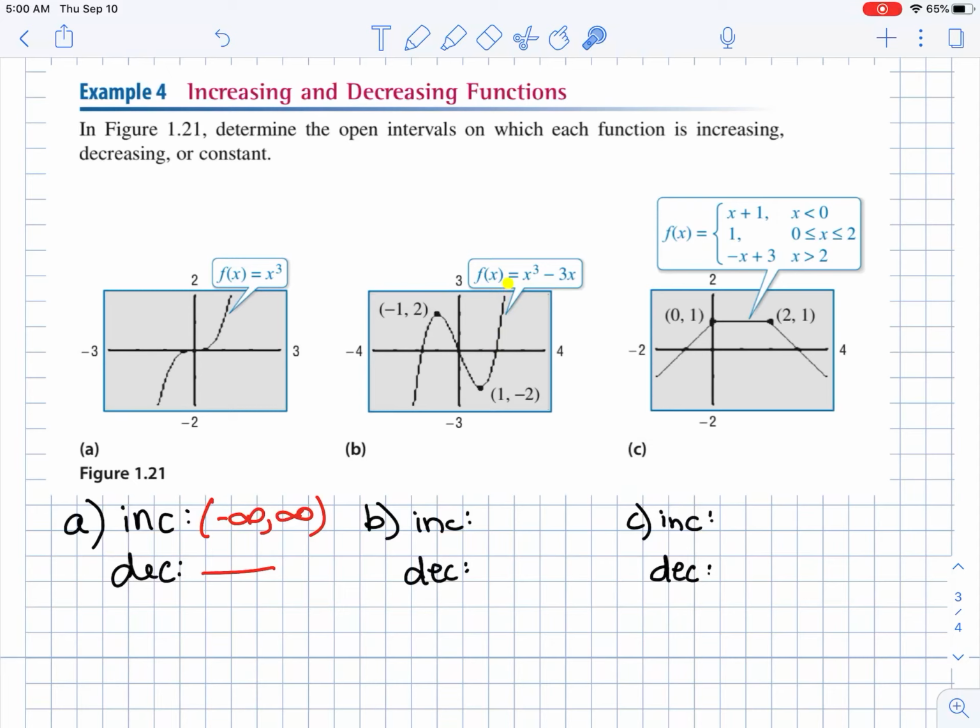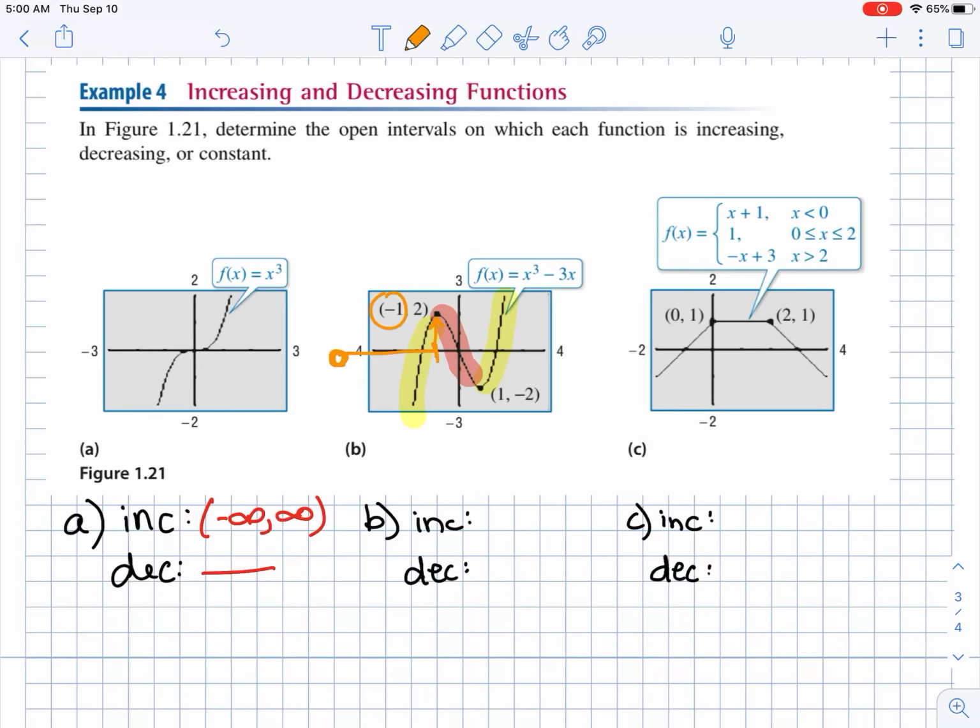So we're actually increasing in two places, from left to right here and from left to right here. And we're decreasing from here to here. So let's write that out. We're increasing from where x is over here, to this point here, which is at -1.